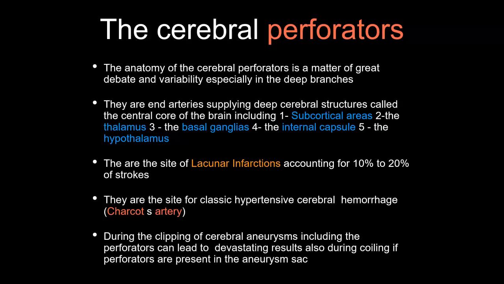Also in cases of cerebral coiling, when the perforator is arising from the neck or from part of the sac of the aneurysm and you want to occlude the sac, you might include the ostium of the perforator, and you also get devastating results. So that's why perforators are important.